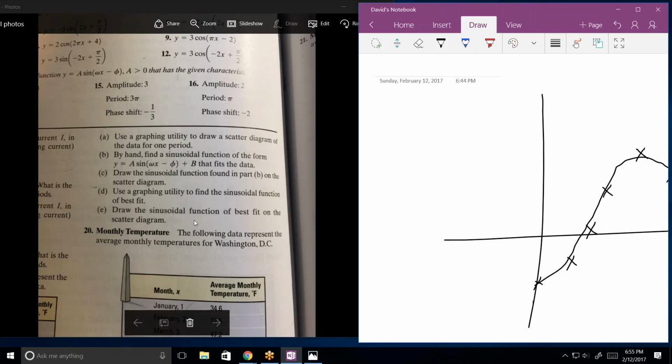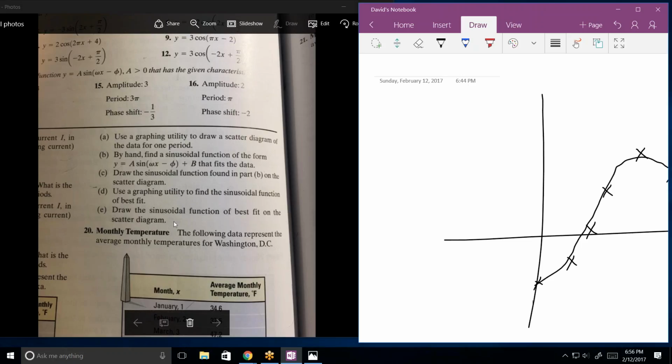Yeah, it is. I'm not quite sure what the difference is between C, D, and E. In other words, I guess C, you would draw based on your function. D, you would draw based on the table of information you've put in using the sinusoidal function of best fit, which you've done already.